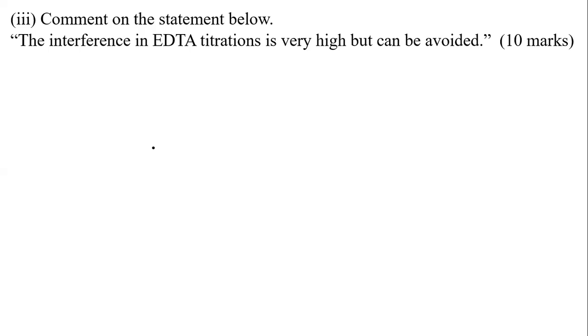The complexing agent that we are talking about, the common one is EDTA. You have to know the characteristics of EDTA, right? What are the other possible forms of EDTA, ionized forms that it can have?